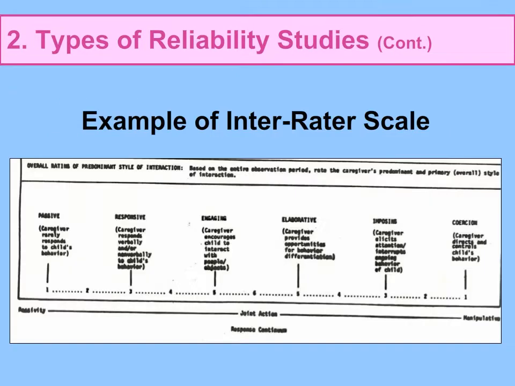So if 2 raters observe the same caregiver on the same day and time, if this system is reliable, then both raters should come to very similar ratings of the caregiver. As you can tell, if the rating system only used numbers, the 2 raters may have different conclusions. The same could be said if we only used the rating terms.